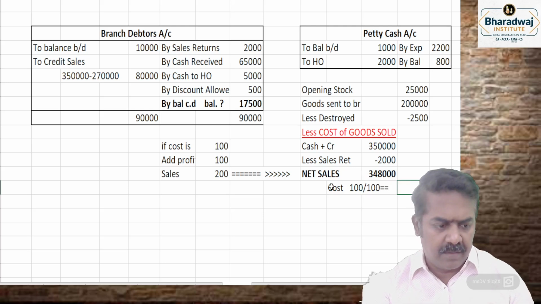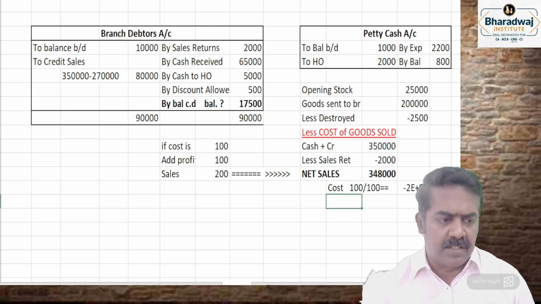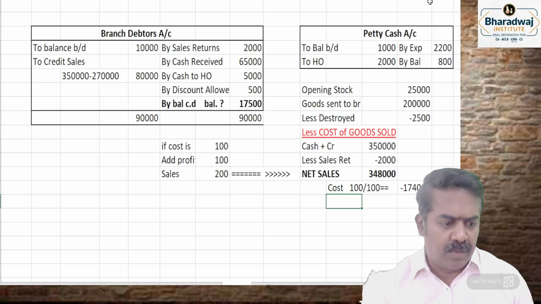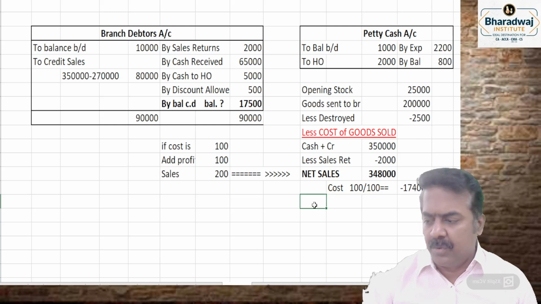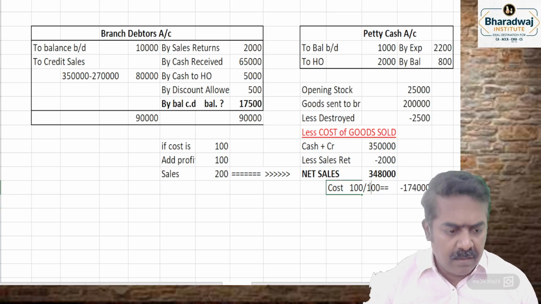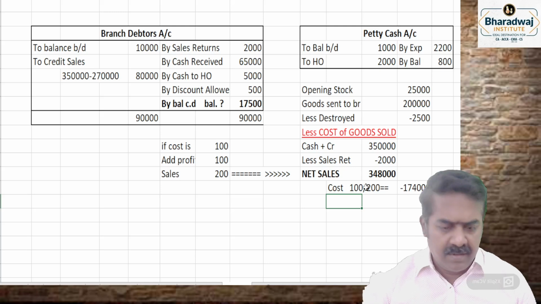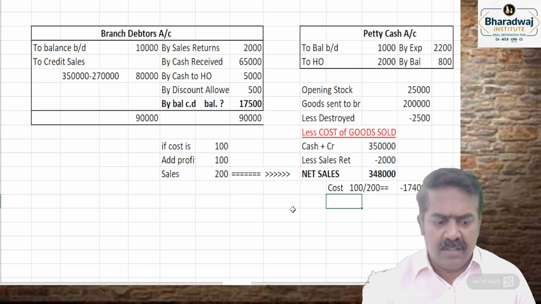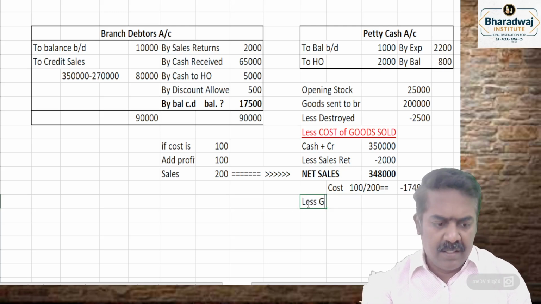How much you get? That is the cost of goods sold, 1,74,000. Then less goods returned back to head office.